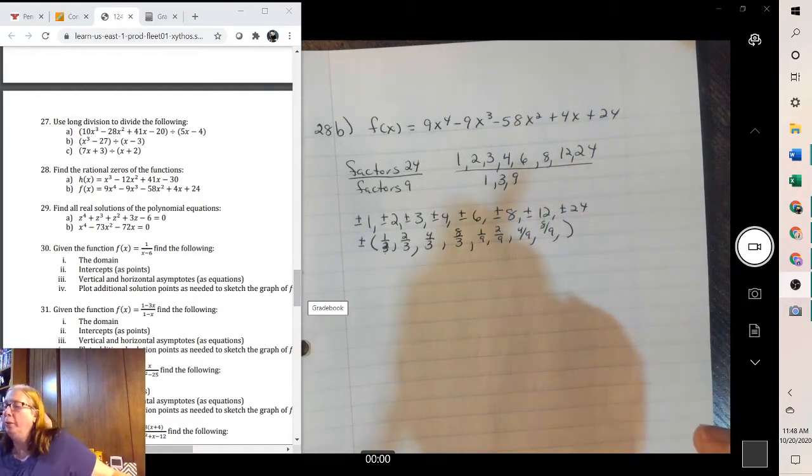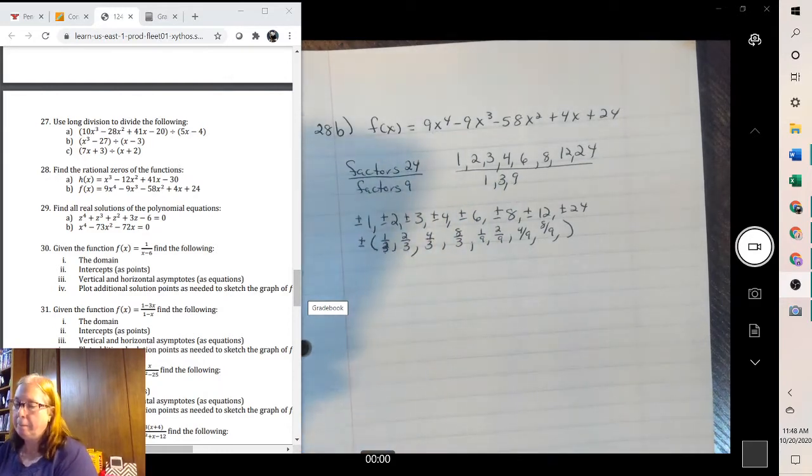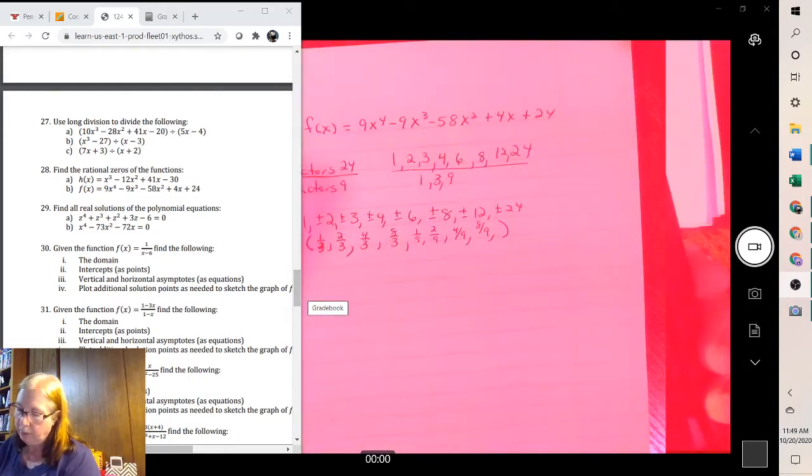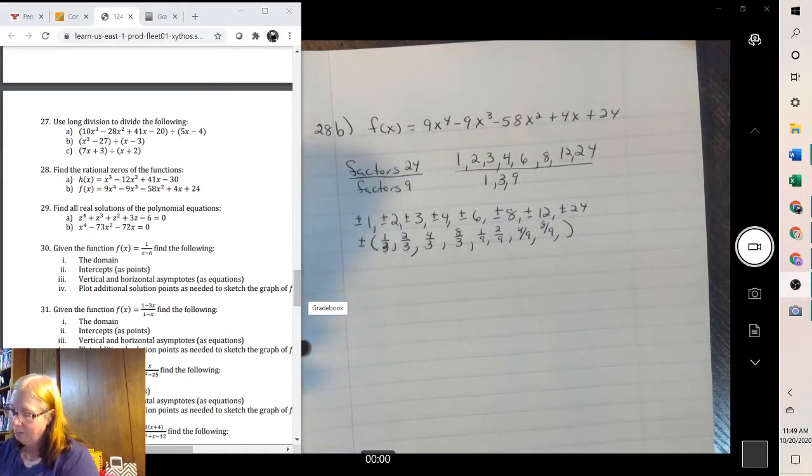Okay, let's try 2. So 9x to the 4th minus 9x to the 3rd minus 58x squared plus 4x plus 24.